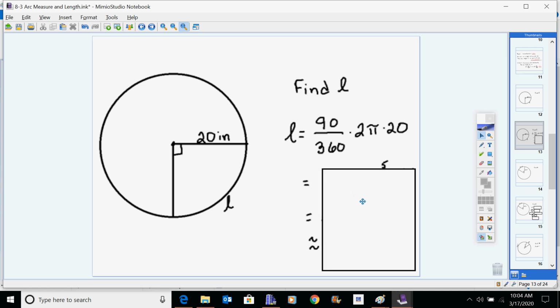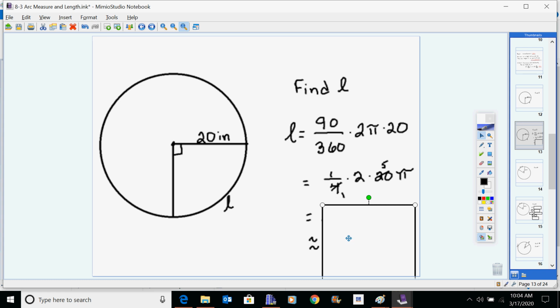So if you're doing it strictly by hand, you can always reduce this to a quarter, cancel out, and get 10 pi. But even if you do not have the TI-83 Plus calculator, what you can do on a regular calculator is take 10 times 3.14 and get 31.4 inches.